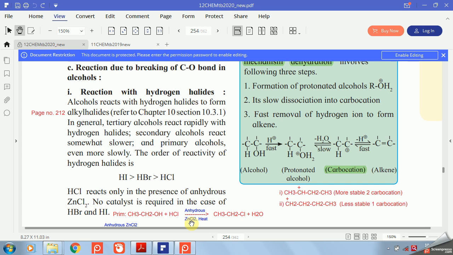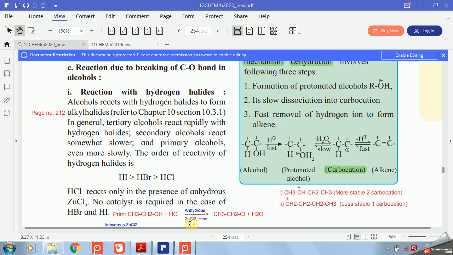The intermediate is a carbocation and it is a substitution reaction. If we observe tertiary alcohol, after breaking of the CO bond we get a tertiary carbocation, which is more stable. That's why it is more reactive.